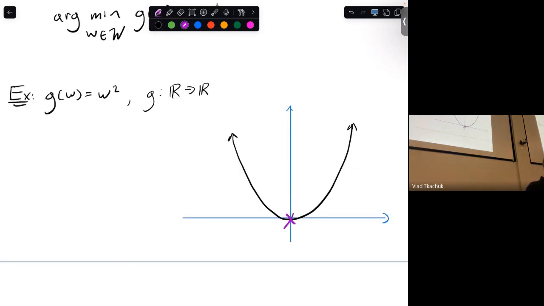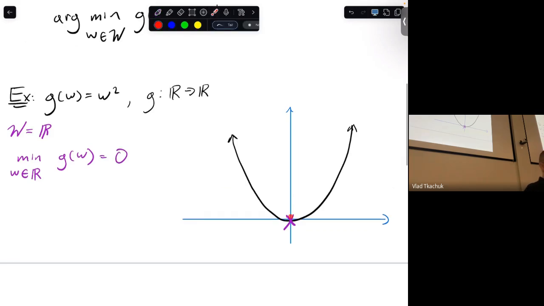So visually, we have the w, our domain is the real numbers, right? And then just to drive the point home, the things we just saw above, it would say that the minimum value of this function g of w, where w comes from the domain R, all real numbers, well, that will be 0. And we just saw that visually. We're going to work this out in a second.